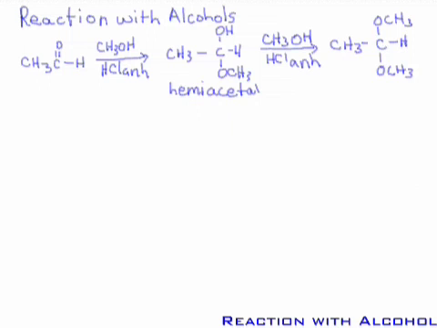Let me just say, in fact, I'm going to go through and change my colors a bit. I'm going to label this H, make it black so it stands out. If the black H is replaced with a carbon, we have a ketone.